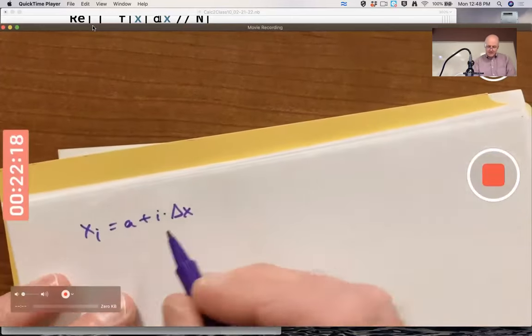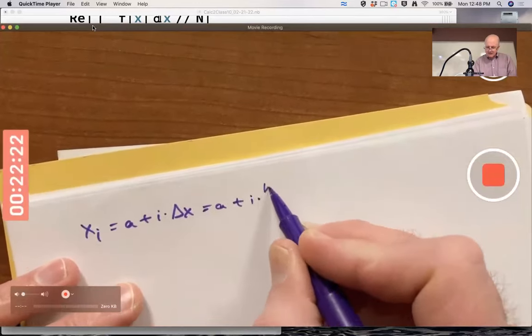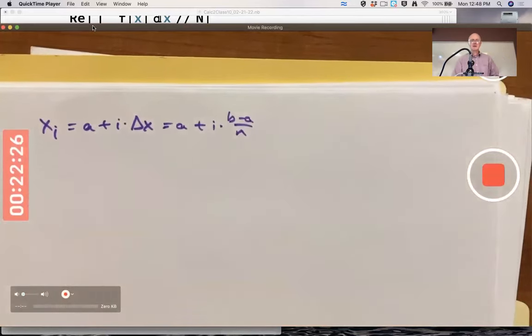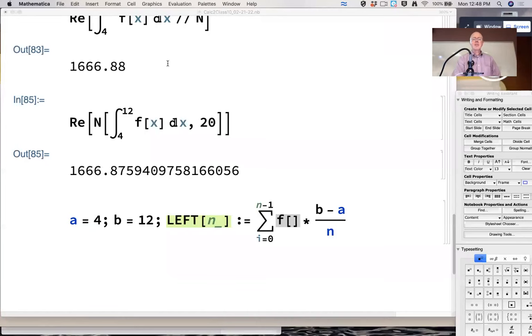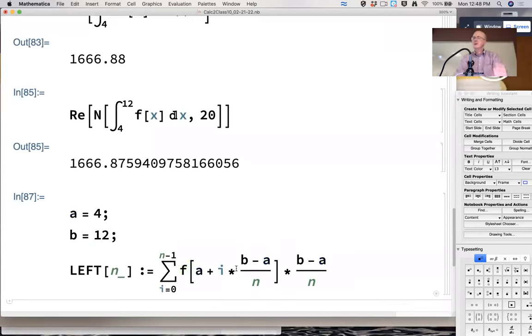So effectively, I'm typing a plus i times delta x in there. Delta x is b minus a over n. That's what I'm typing inside the f. a plus i times delta x, where delta x is b minus a over n. There's your left-hand sum.